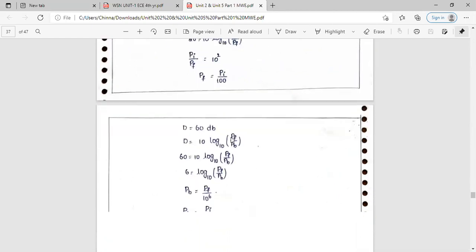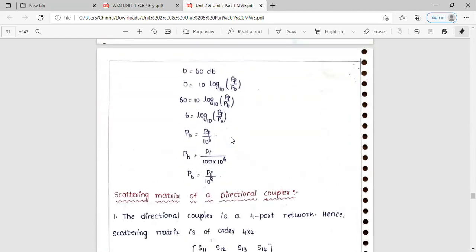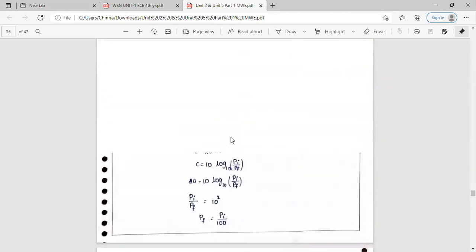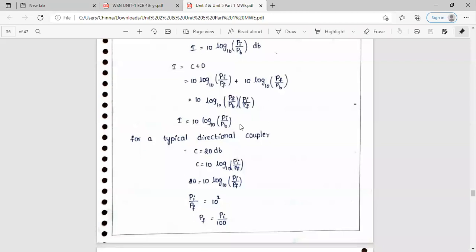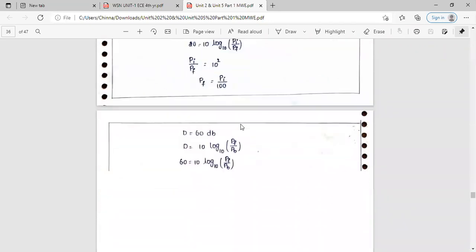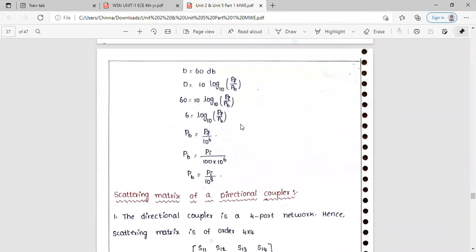If you consider the directivity, some examples will be given with solutions. These two are solutions, not necessary. So the final expression is isolation equal to 10 log base 10 of PI by PB. In some problems, they will give the directivity and you want to find the backward power. So directivity is equal to 60 dB.